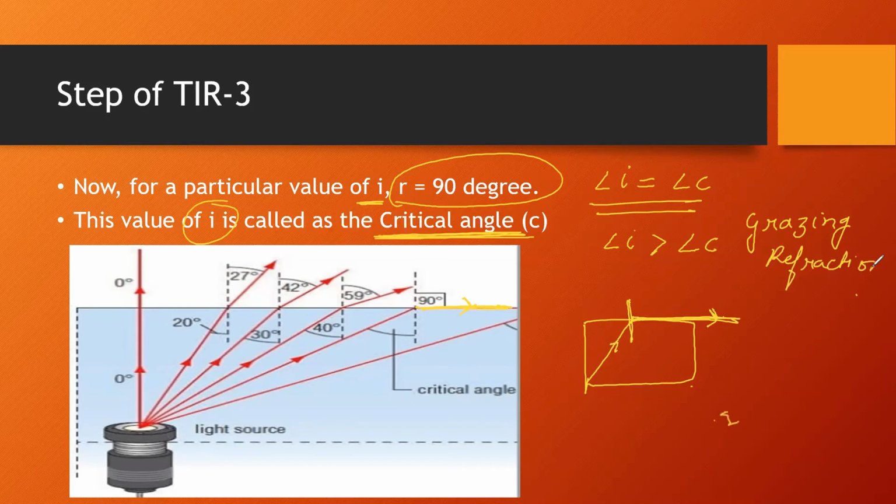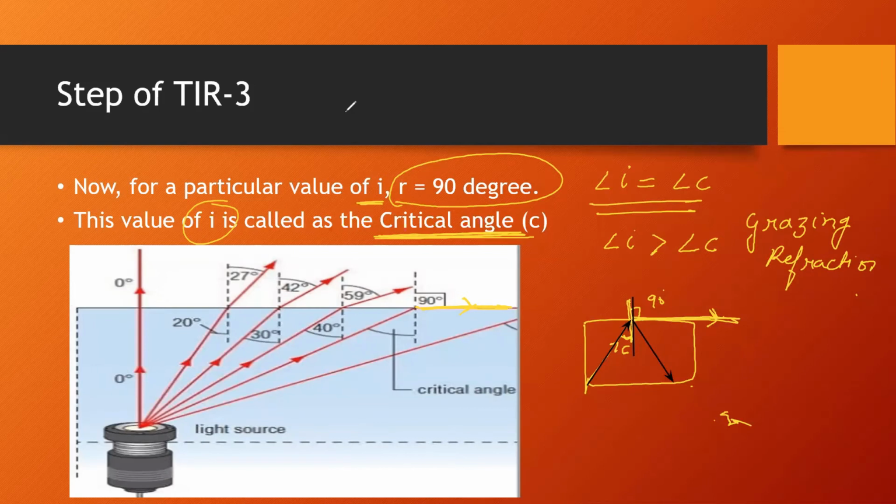Now, this is my critical angle, and the angle of refraction is 90 degrees. When I increase my angle of incidence greater than the critical angle, what will happen? These light rays which were getting refracted won't get refracted, and they will be reflected inside the denser medium itself, following the laws of reflection, that is, angle of incidence equal to angle of reflection.